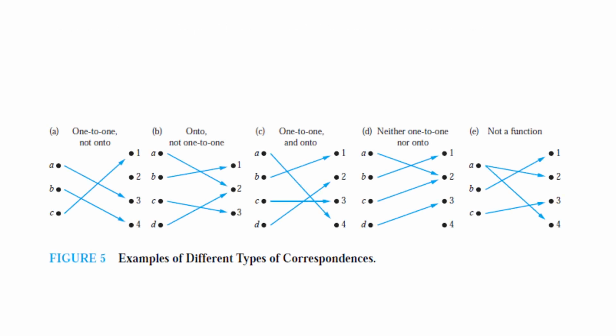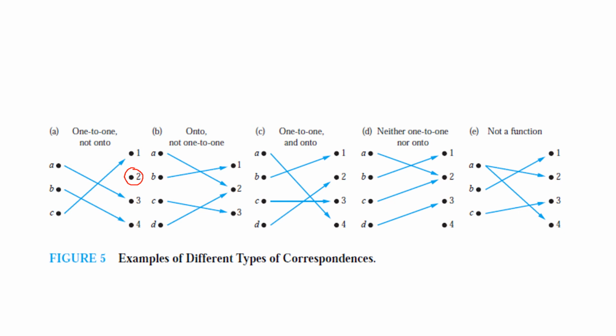So these would be the illustrations of different types of correspondence. The first one is one-to-one but not onto, because there's an element in our codomain that has no corresponding element in the domain.